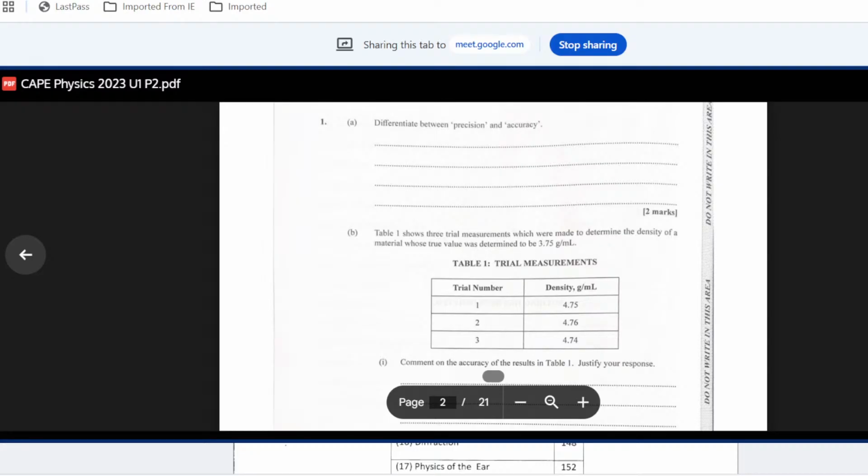Differentiate between precision and accuracy. Accuracy refers to how close your recorded value was to an accepted value, and precision is how close together your recorded values are.